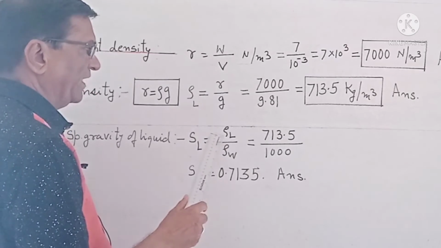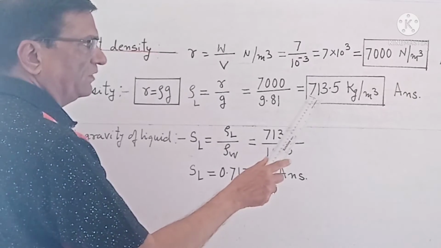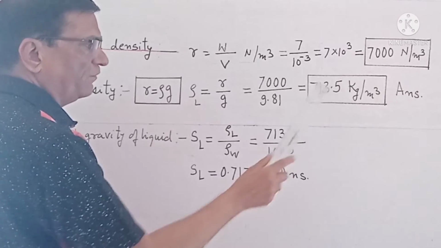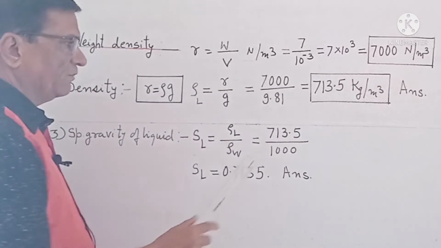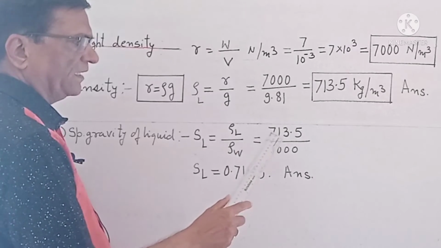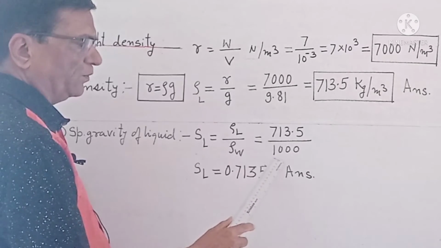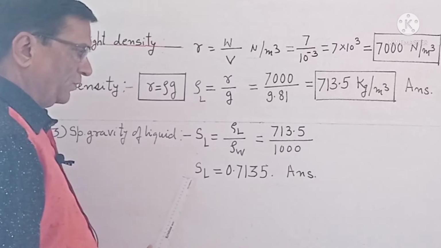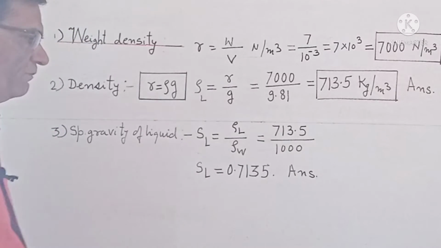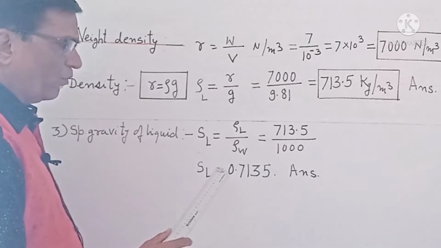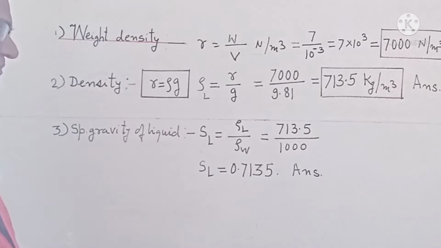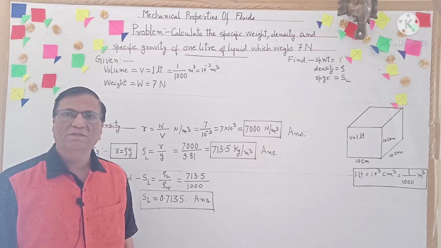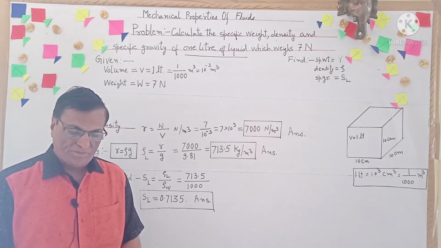So rho L we have calculated, that is equal to 713.5, and rho W is equal to 1000. So specific gravity of liquid comes out to be 0.7135. This is the answer. So this is the complete solution of the problem.